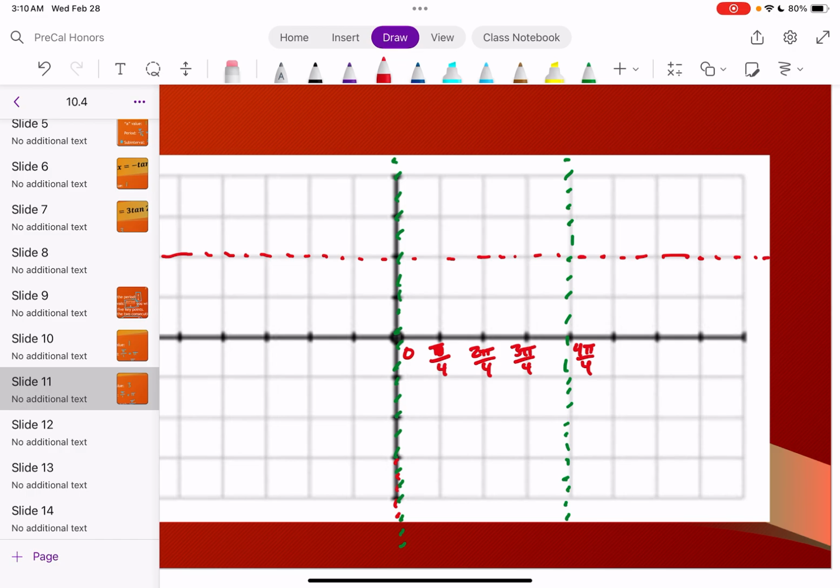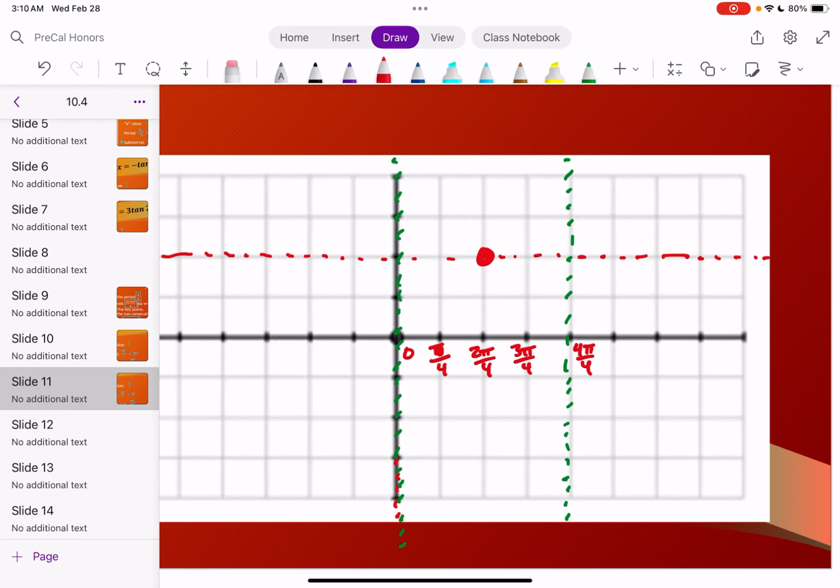We find our midpoint on our midline. Now keep in mind, we are looking at 3 cotangent of x plus 2. It's a positive equation, but even though it's a positive equation, we are still looking at cotangent, which is going to cause it to decrease from left to right. So as we move to the right, we're going to go right 1. Because our a value is 3, we're going to go ahead and drop down by 3.